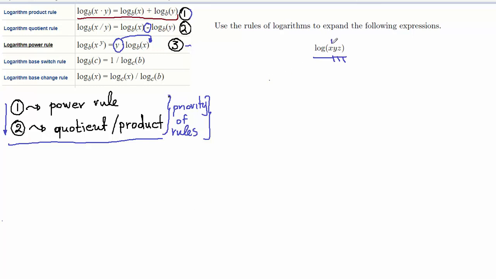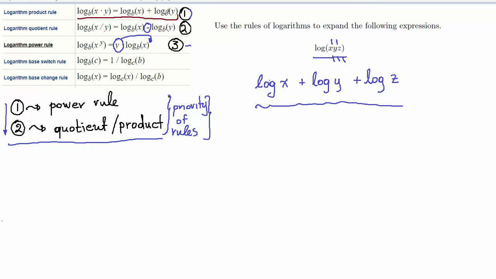But since you have a product that is applied twice, x times y times z, you can do it in one step as well. So basically, what you have is log of x plus log of y plus log of z.